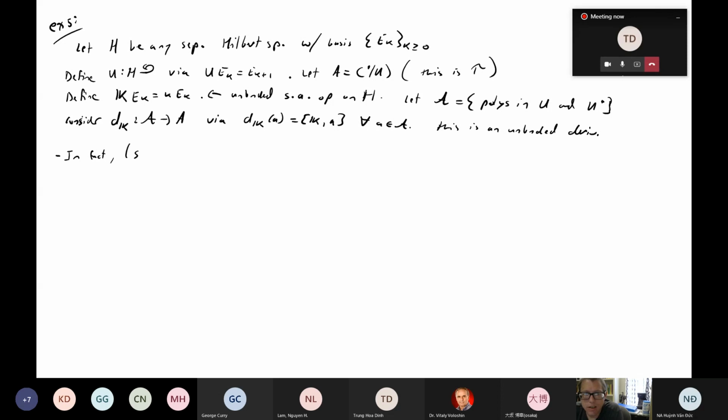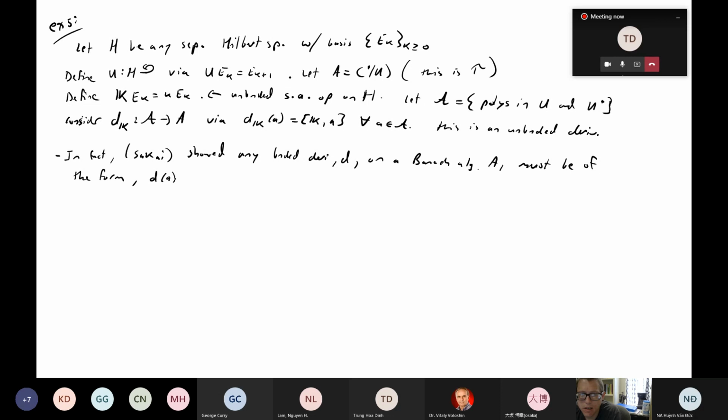What he showed was any bounded derivation D on a Banach algebra A must be a commutator of X with A, where X is in the weak closure of A.